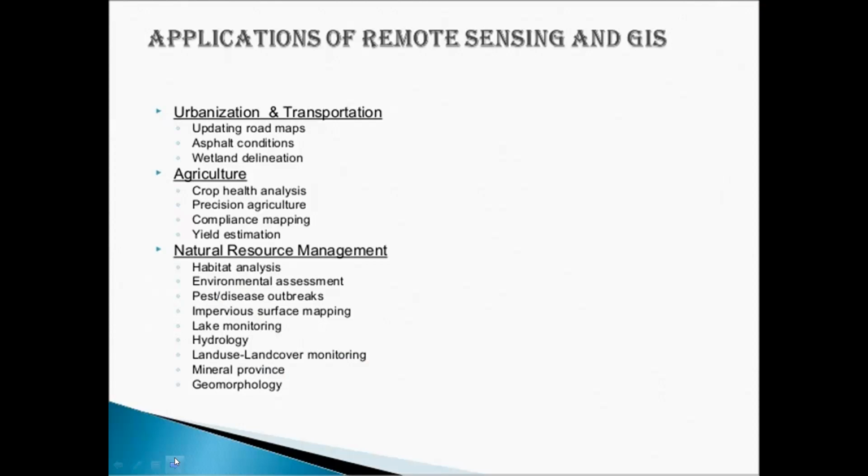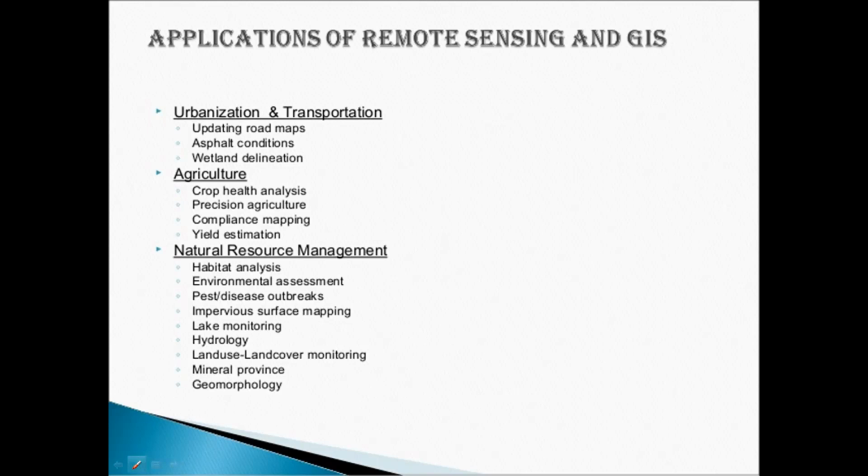See, first point, updating road maps, asphalt conditions, wetland delineation. These are the three types under urbanization and transportation. Kindly update the maps, road maps. Every year roads are updated, so new constructions are there.